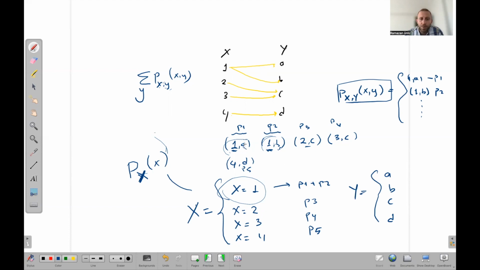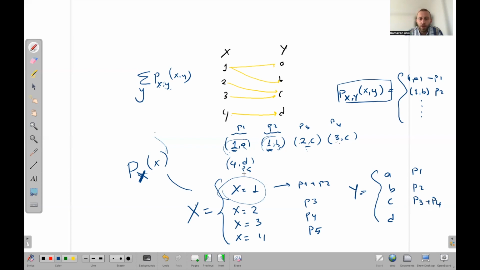For example, for this one we have only x1, so only this case, and the corresponding probability will be p1. For b, only this case, which is p2. For c, we have two cases in which x is equal to 2 or x is equal to 3, so the corresponding probability will be p3 plus p4.